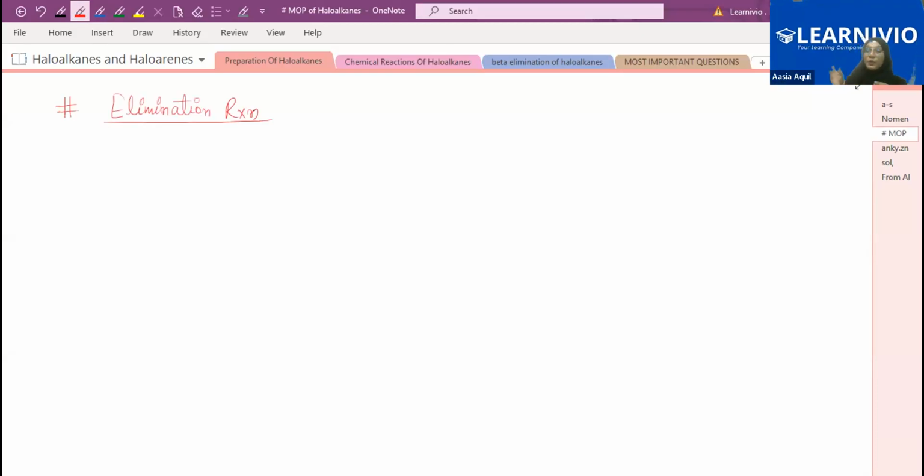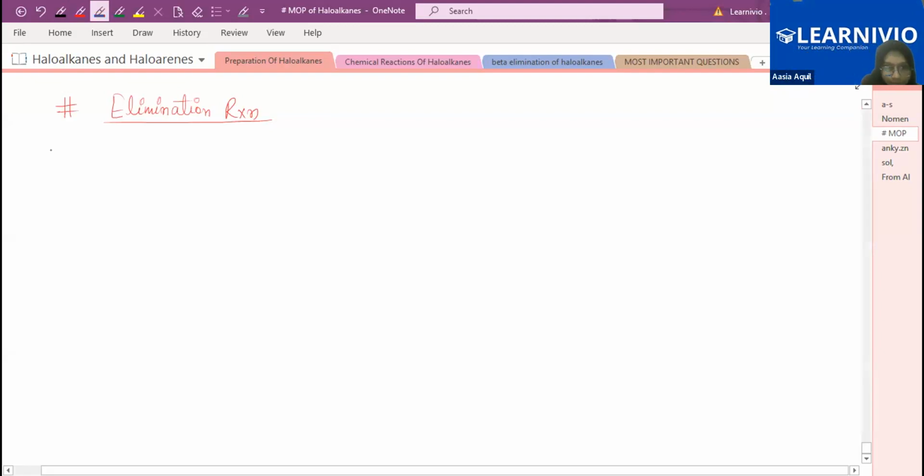Eliminate, we are supposed to eliminate some group. आप eliminate कर रहे हो तो किसी और को आप replace नहीं कर रहे हो, substitute नहीं कर रहे हो, you are supposed to only eliminate, push out from the reaction. Right, so elimination reaction, write down the definition first.